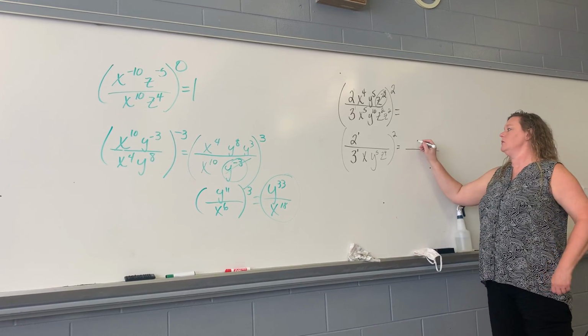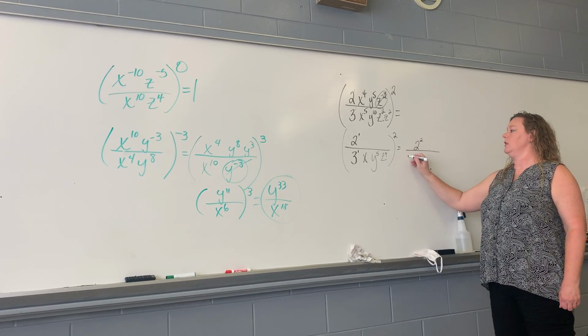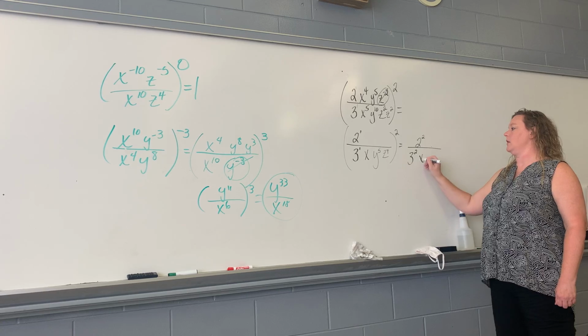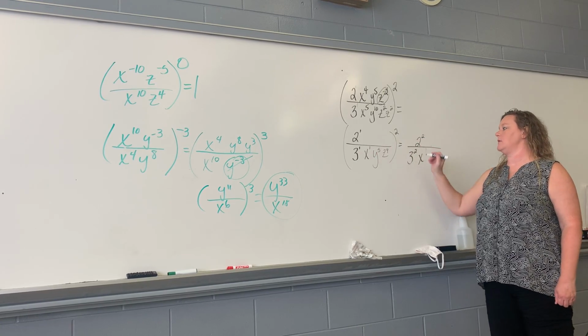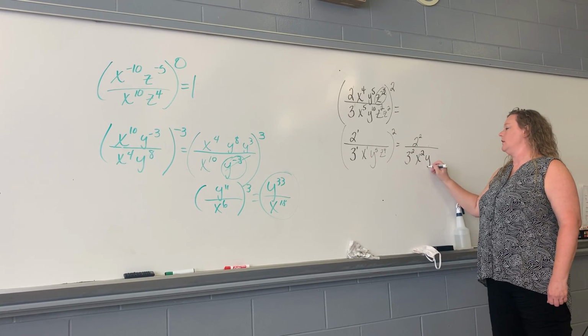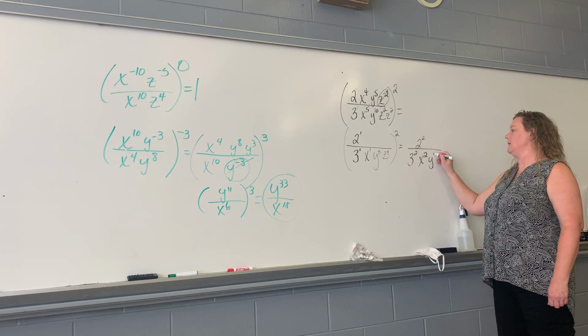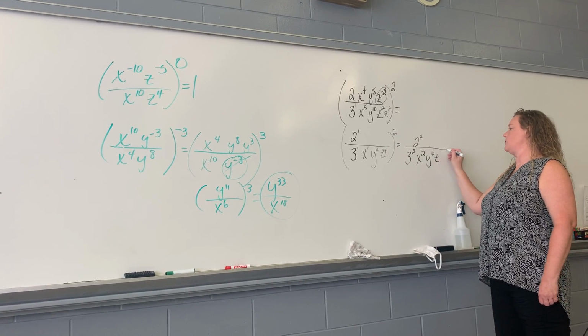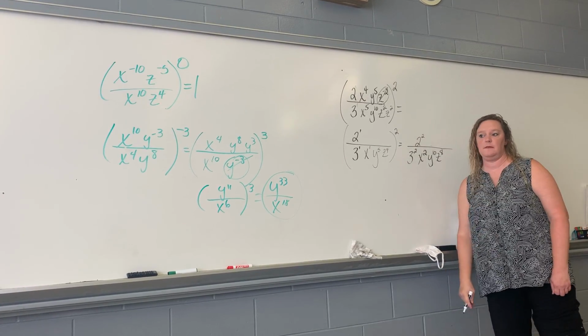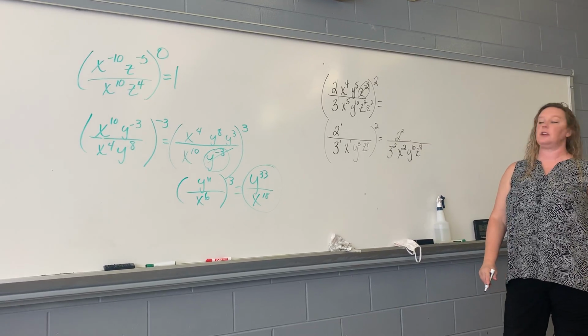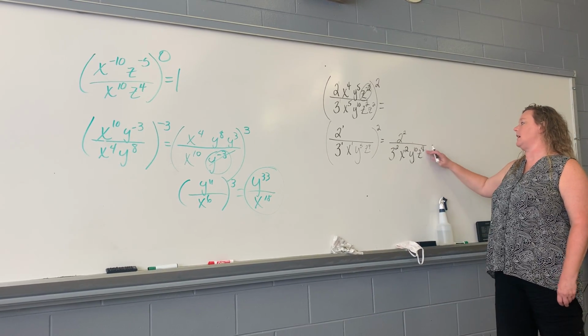So 2 to the second power, 3 to the second power. Remember, this is a 1. 1 times 2 is 2. 5 times 2 is 10. And 4 times 2 is 8 for your exponent of z. Then you could simplify your numbers. What is 2 to the second power?